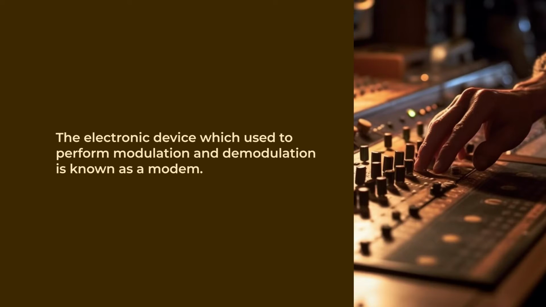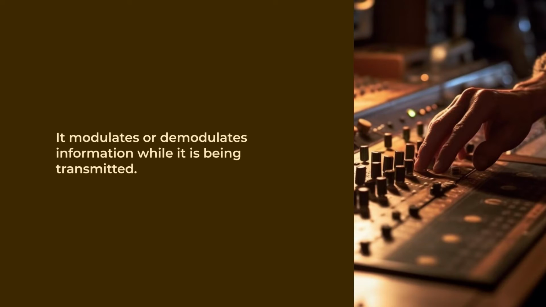The modulation process is performed at the transmitter side while demodulation is performed at the receiver side of the communication system. The electronic device which is used to perform modulation and demodulation is known as a modem. It modulates or demodulates information while it is being transmitted.